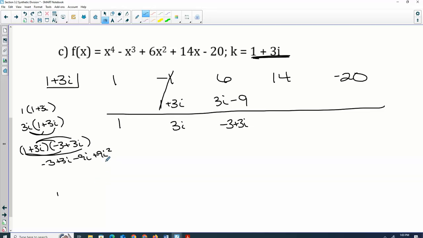Okay, 9i squared is negative 9. 3i minus 9i is negative 6i. So I get negative 12 minus 6i.